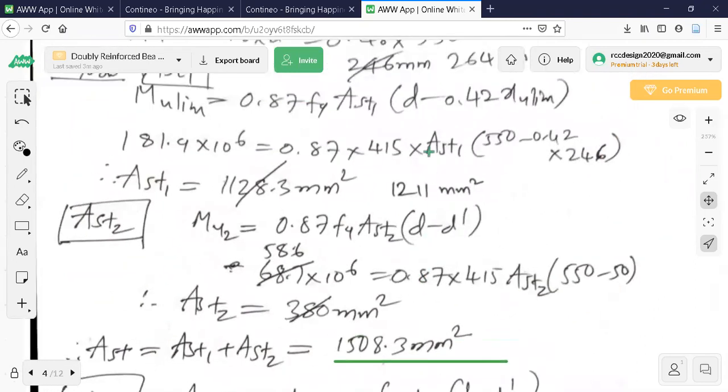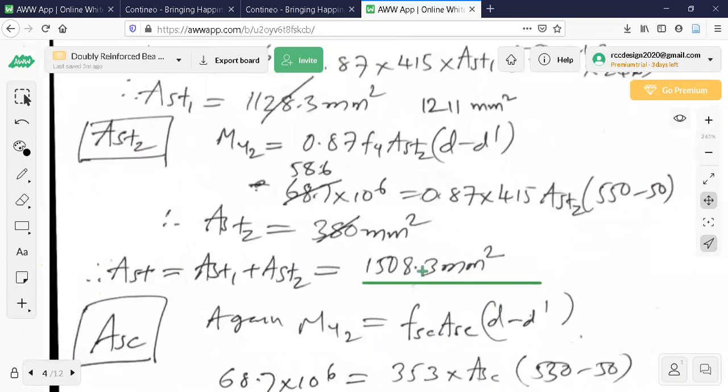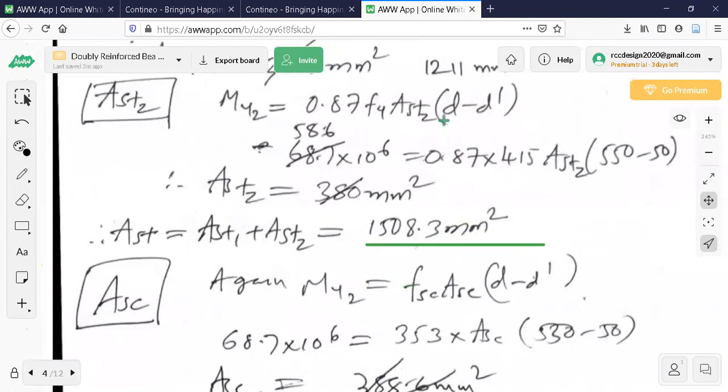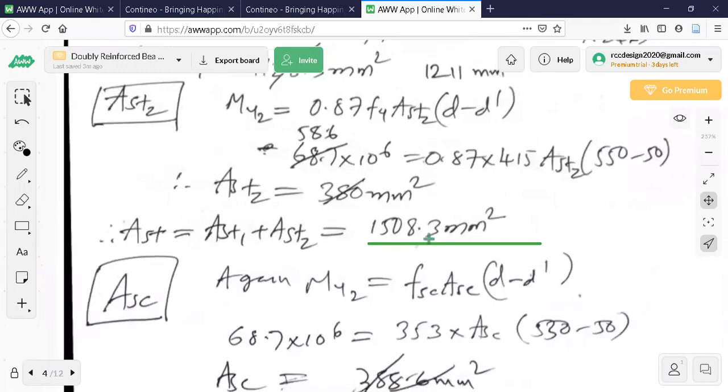Don't get confused with d minus 0.42 Xu limit. That lever arm is for the singly reinforced section. For Mu2, the lever arm is d minus d dash, force into lever arm. So again, you can see here, LHS is 58.6, which is Mu2. RHS is all this. Ast2 has to be calculated.